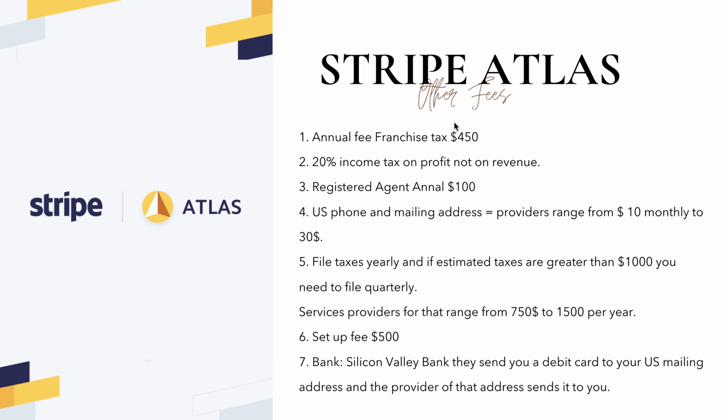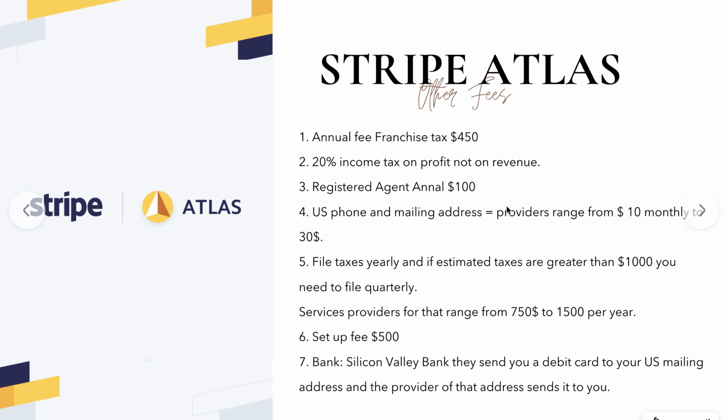This is Stripe Atlas I'm talking about. Number one, you have to think about your annual franchise tax fee, which is $450. These fees can change at any time, so depending on the year, it can increase or decrease. Nobody knows. You pay 20% income tax on the profits you get in the business. Your registered agent fee is $100.